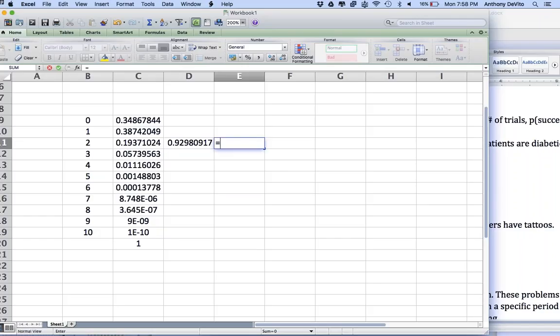Remember we looked at that formula? Binom.dist, parentheses. And I'm going to go in here this time, and I'm going to say to myself, the number of successes is equal to 2, comma, trials is 10, just as I did before, comma, probability is 0.1, comma, cumulative, this time I'm going to say true instead of false.